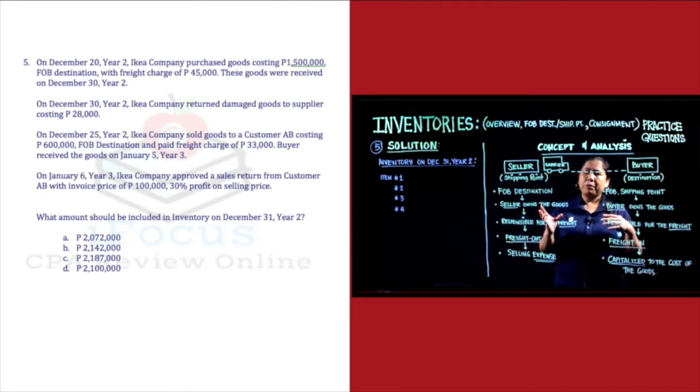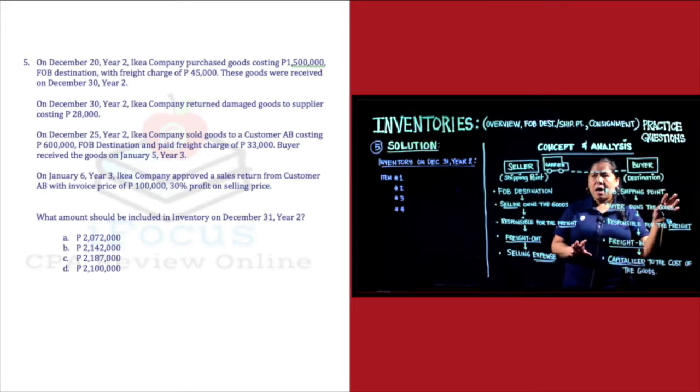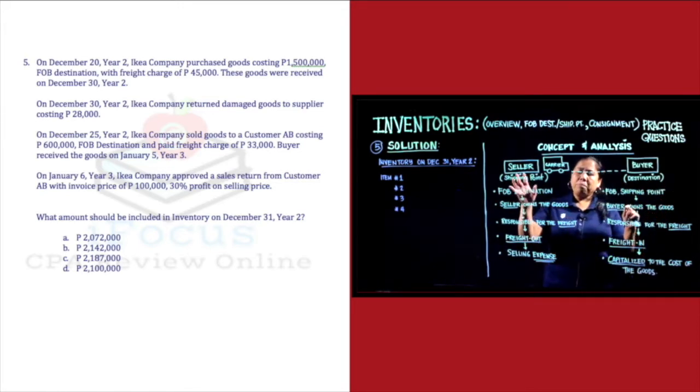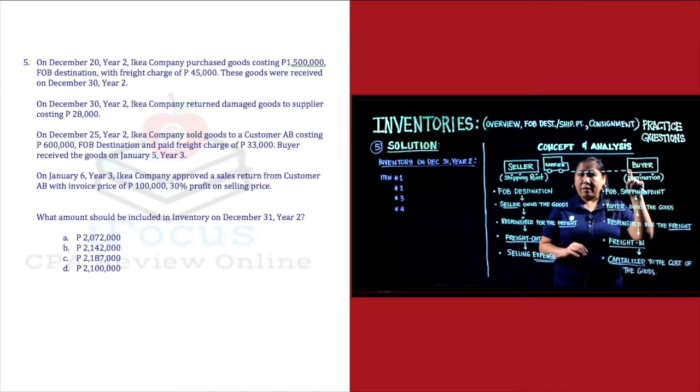If the agreement between the seller and the buyer is FOB shipping point, ang ibig sabihin, upon shipment of the seller of this good, the ownership or the title transfers to the buyer. Habang si carrier, tina-transport niya itong goods na ito sa location ni buyer, pag-aari na ni buyer yan. So, ang FOB shipping point, the buyer owns the goods.